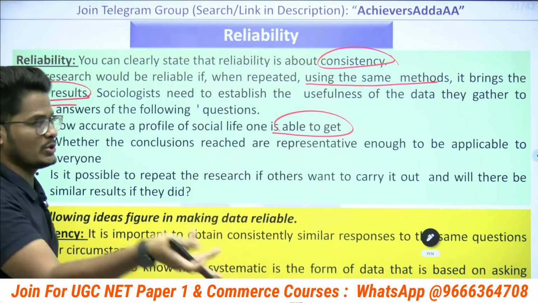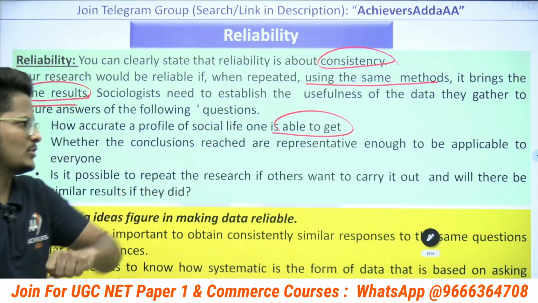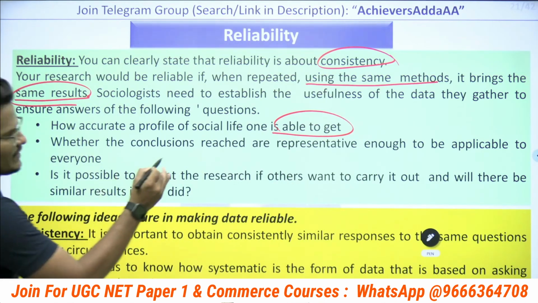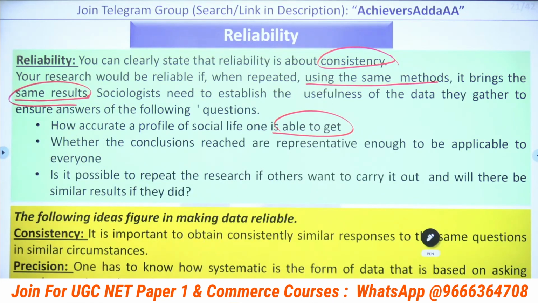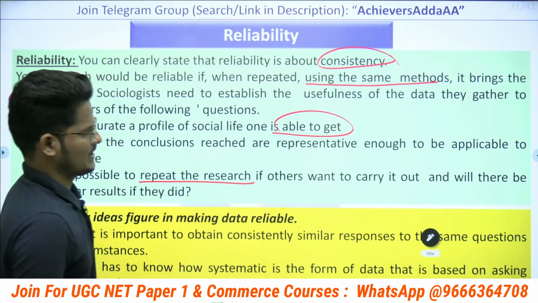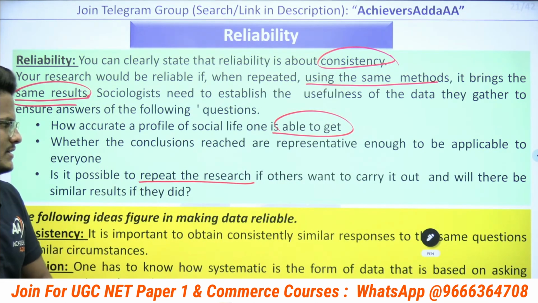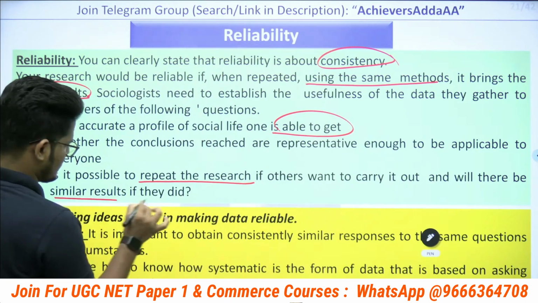This is in the context of social research. If you talk about social psychological research, how accurate a profile of social life is one able to get? Whether their conclusions are representative enough to be applicable to everyone or not. Because when it is applied to some people, it will apply to all the people. That is external validity or reliability. Is it possible to repeat the research if others want to carry it out, and will there be similar results?